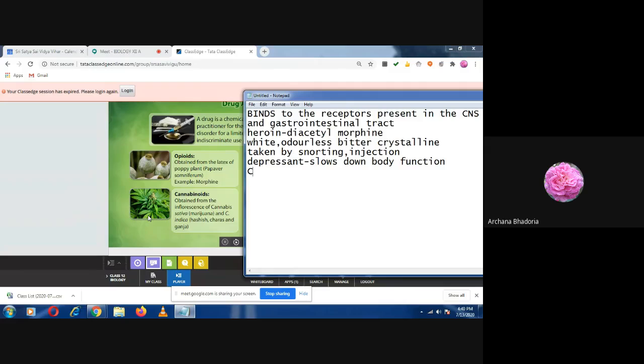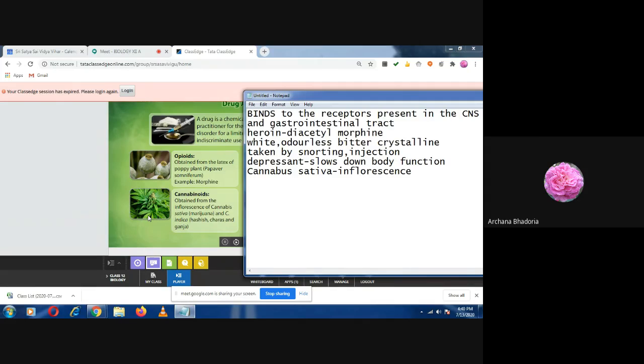Write down, it is Cannabis sativa, and it is obtained from the inflorescence of the plant. From which part of Cannabis sativa will we get it? Inflorescence. I hope I don't have to tell you what is inflorescence. Ma'am, flower part.